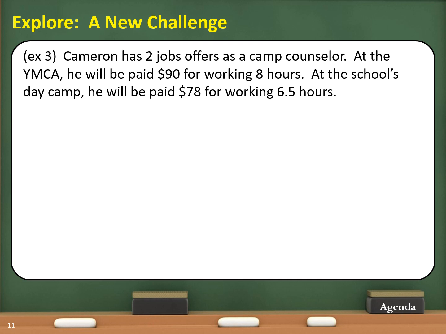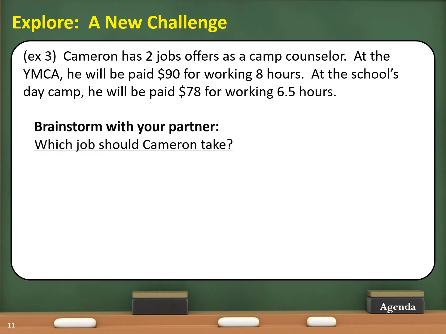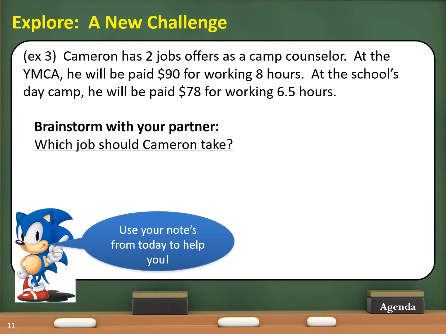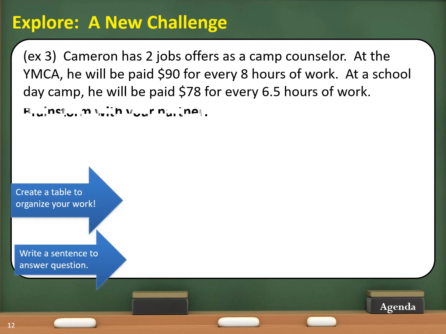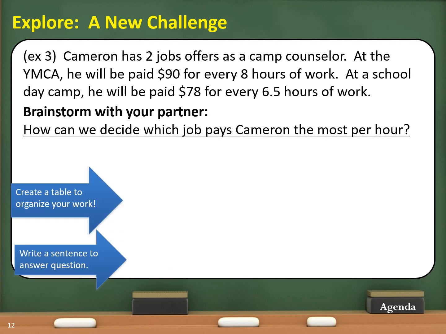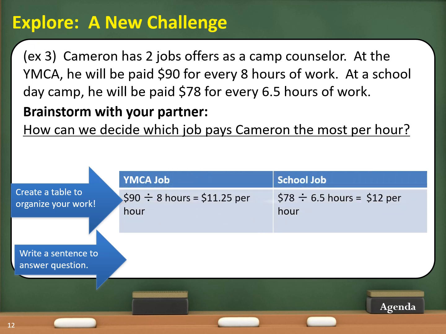So you'll see the YMCA: 8 hours, that means 90 divided by 8 hours, it comes to $11.25 per hour.